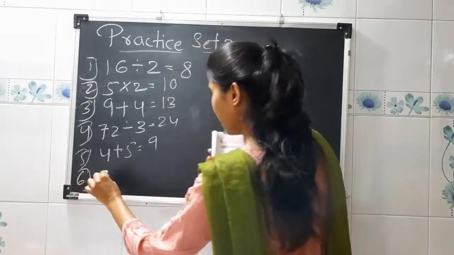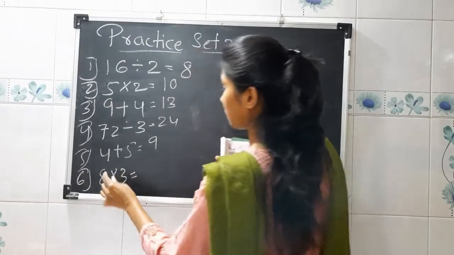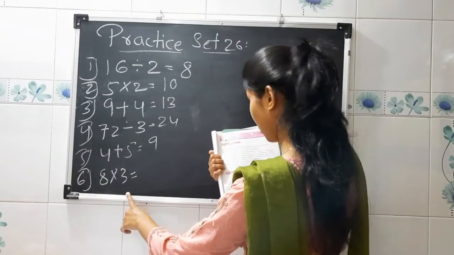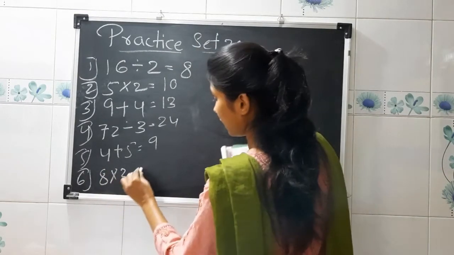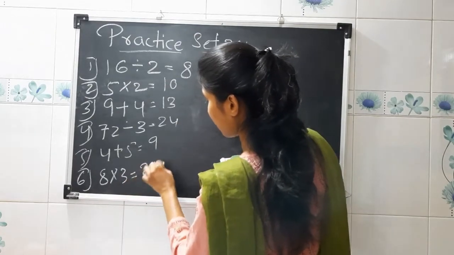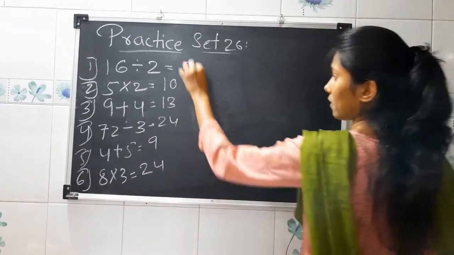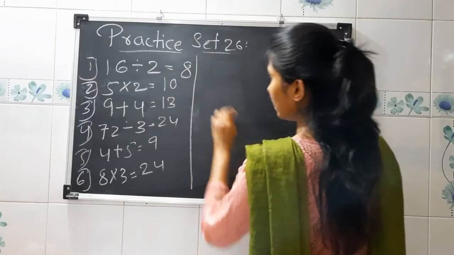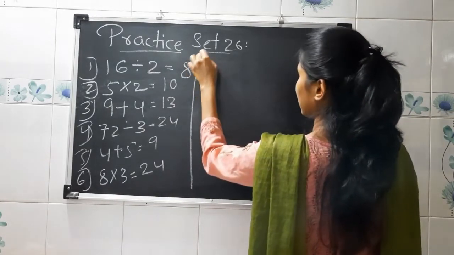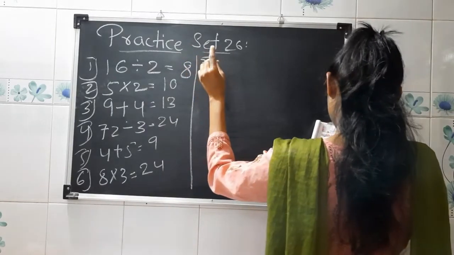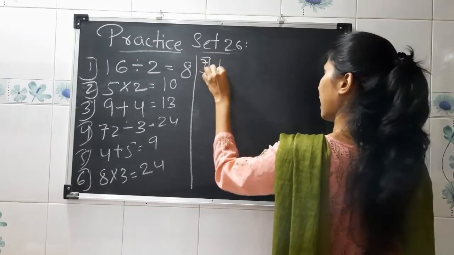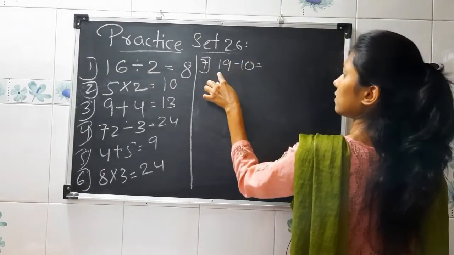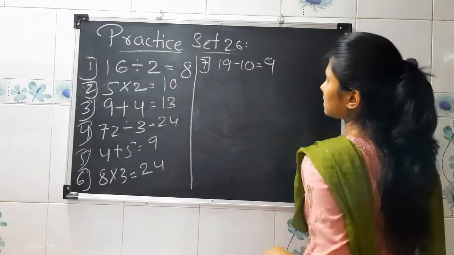Sixth, 8 plus 3, sorry, 8 multiplied by 3. 8 3s are 24. Okay. Now, seventh, 19 minus 10. 19 minus 10, we will get the answer 9.